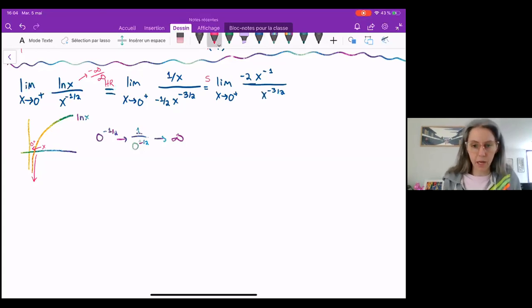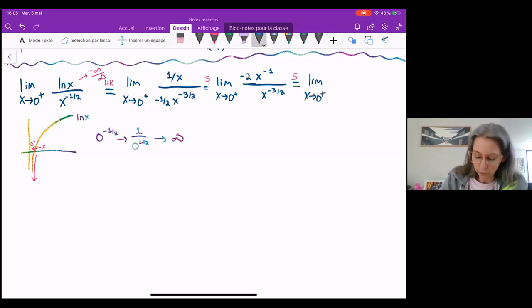I'm just simplifying here. And now I'm going to apply my exponent rule to see that this is the limit as x approaches 0 from the right of negative 2x to the positive 1/2.